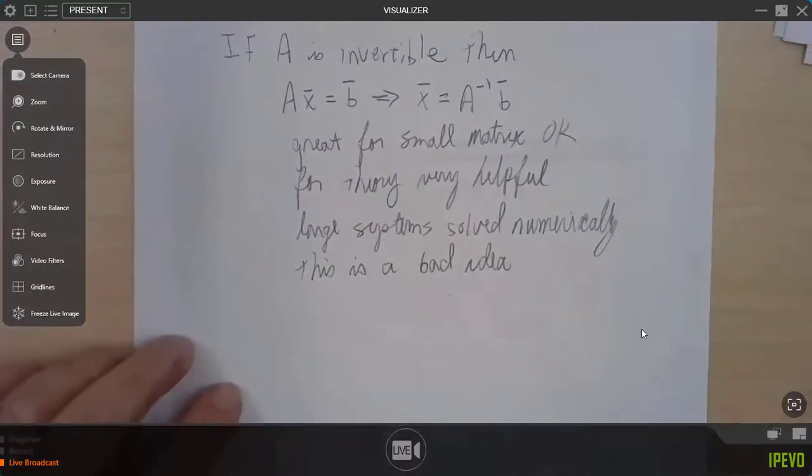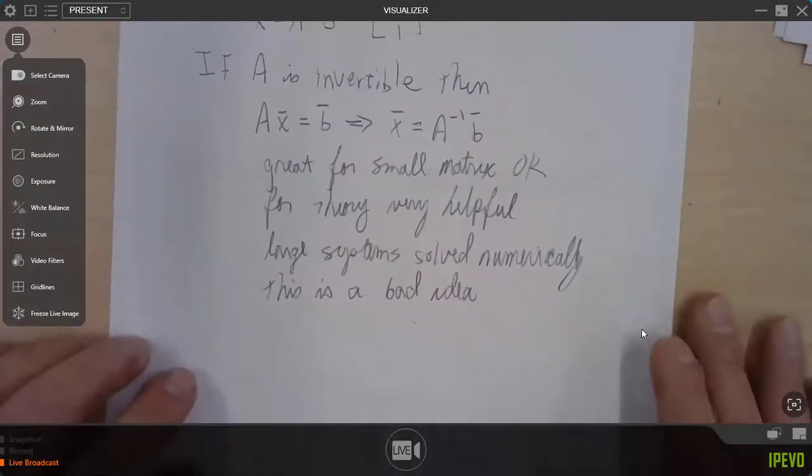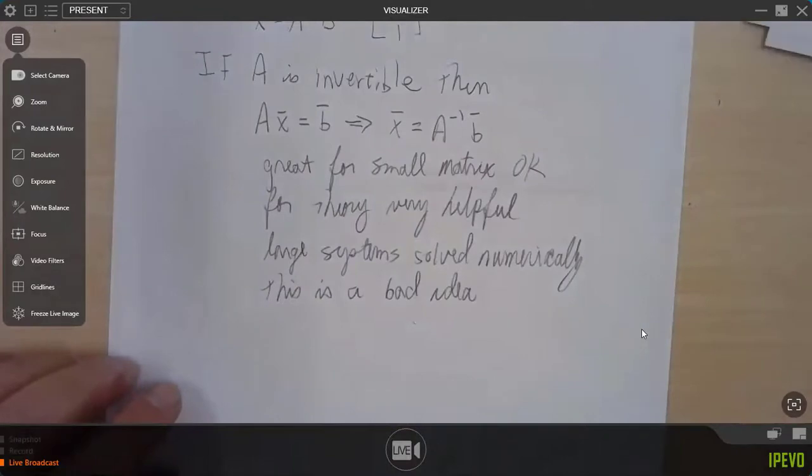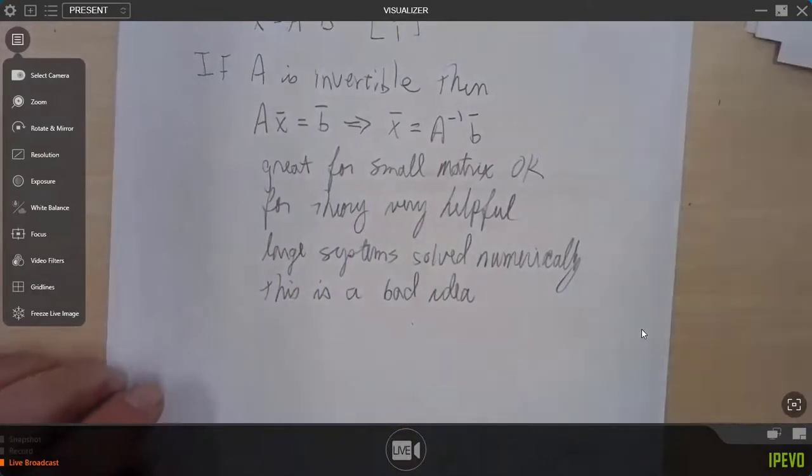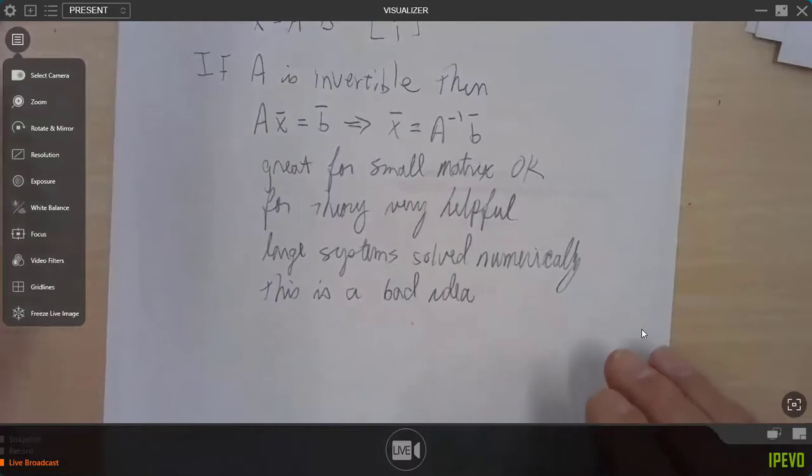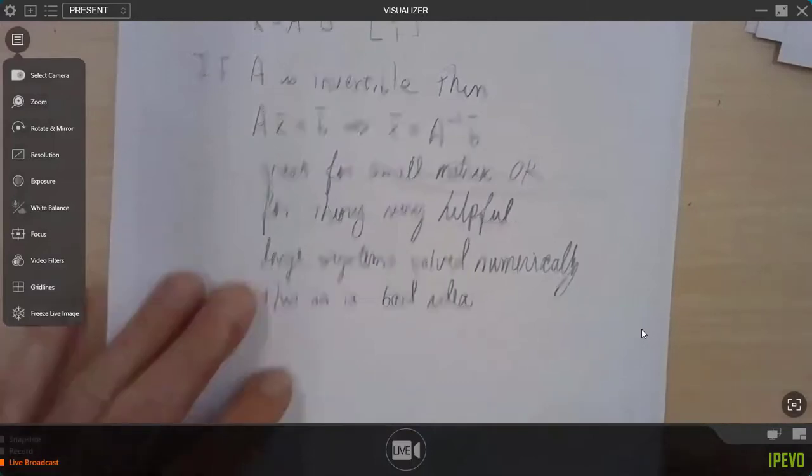So you should not try to solve large systems numerically this way. Now, it might work. You might be lucky, and it's what we call a matrix is well conditioned. It might not produce a lot of round off error. It might be fine, but you just don't know. That's the issue.